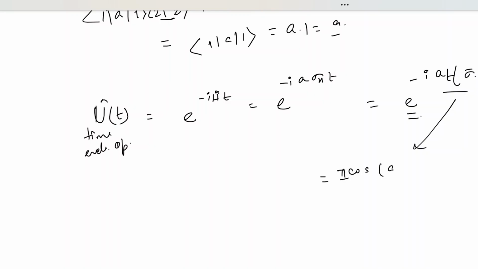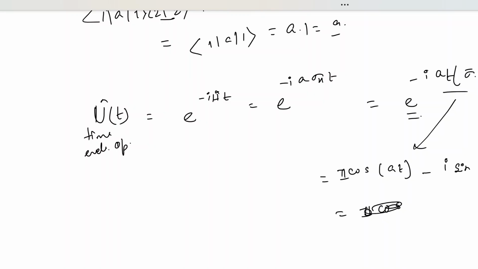I cos at. Okay, so then you have cos and sine terms coming from here.